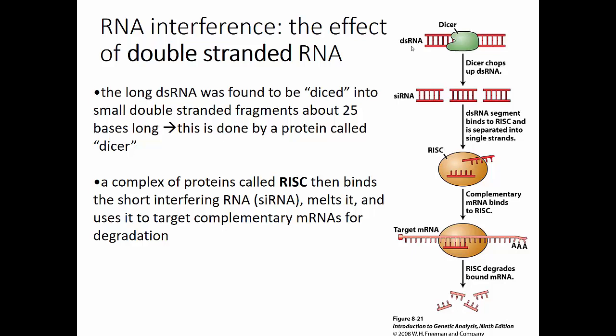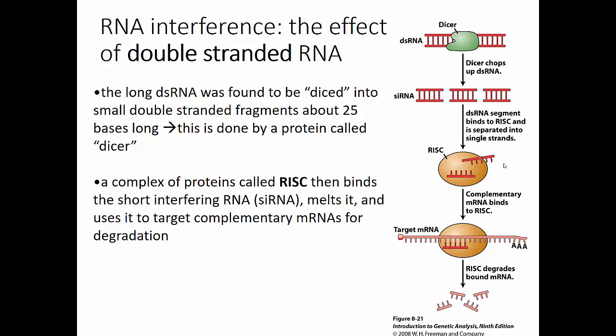It chops up that double-stranded RNA into these little pieces that are about 20-25 bases long. These are called short interfering RNAs. And then these short interfering RNAs are bound by a complex of proteins in the cytoplasm called the RISC complex.